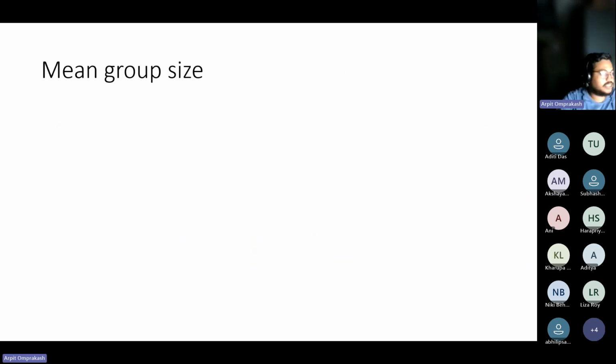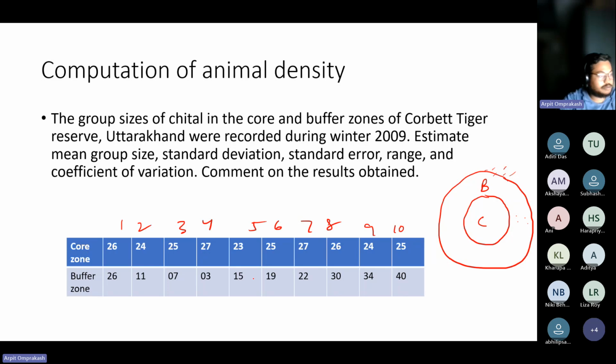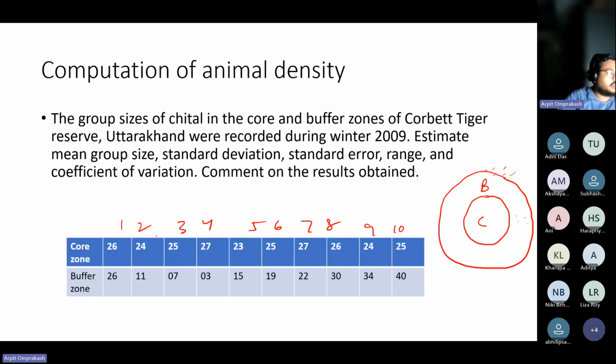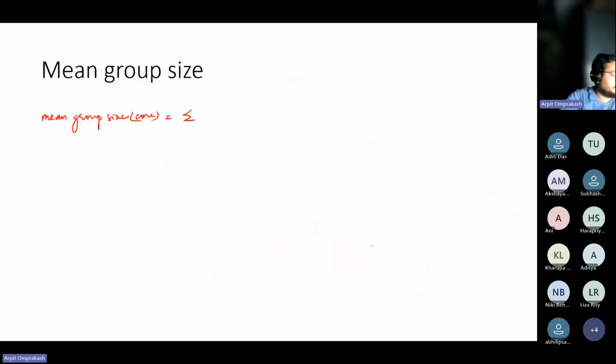First we'll calculate the mean group size. These numbers are the group sizes in each of the samples that we are taking. To get the mean group size for the core, we sum all these different observations for the core group sizes, and divide by the number of samples.